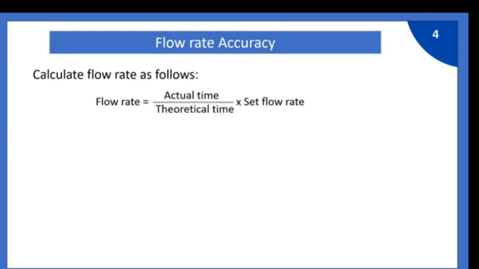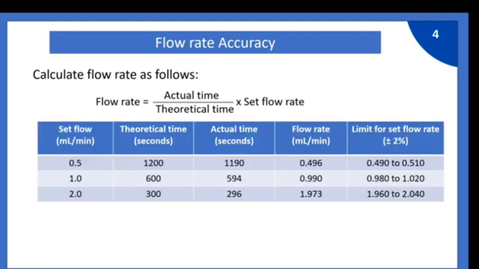Here is the formula for flow rate. Flow rate is equal to actual time divided by theoretical time into set flow rate. Here is the table given for your better understanding. For 0.5 ml set flow rate, the time taken to fill 10 ml cylinder will be 10 minutes, so that is equal to 1200 seconds.